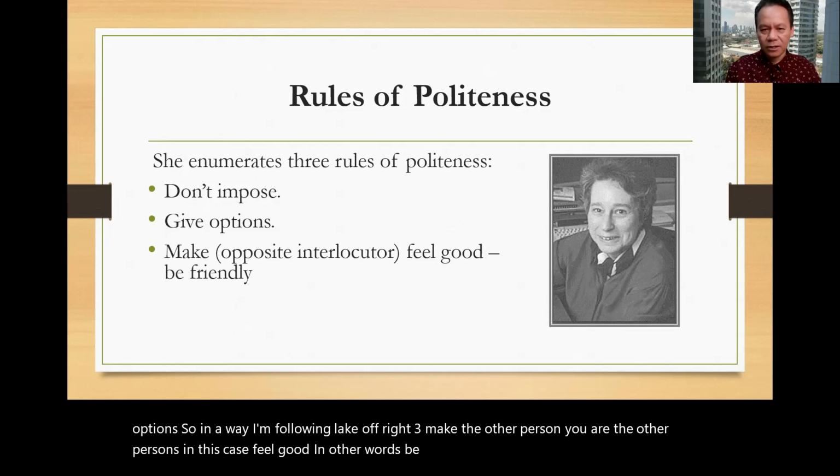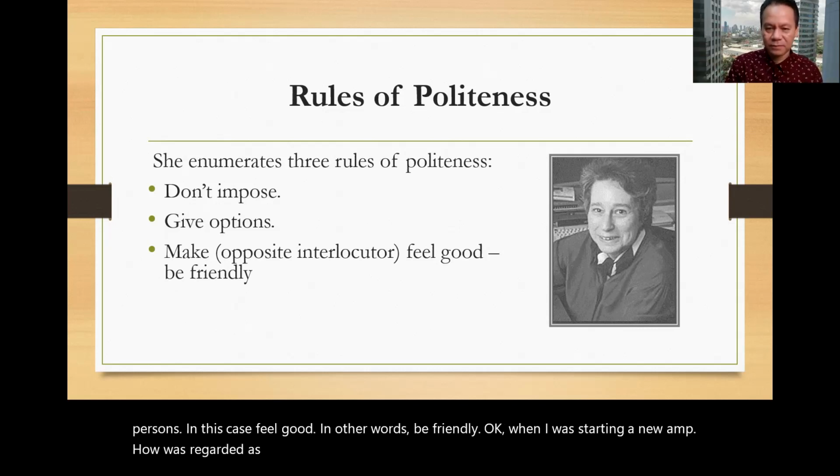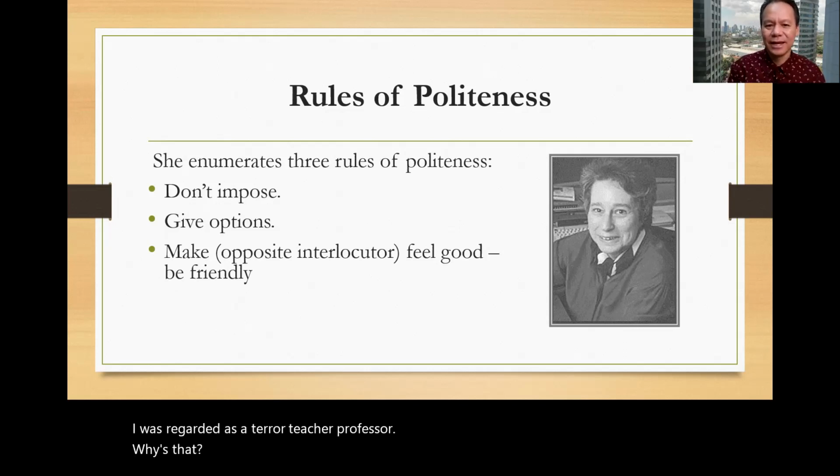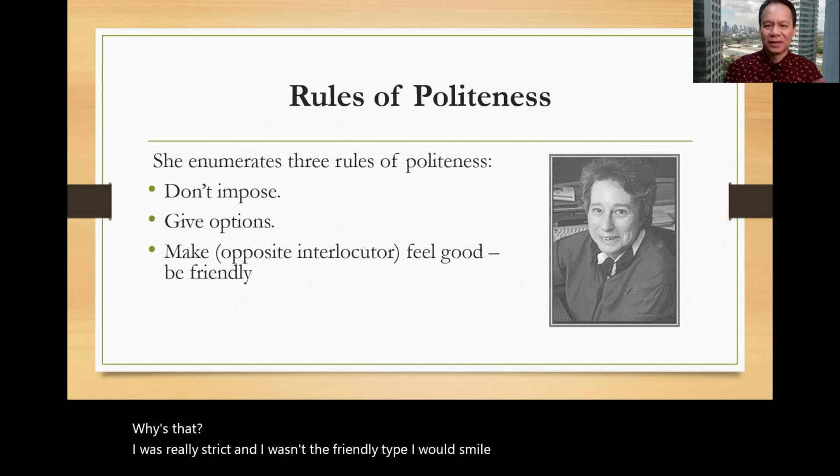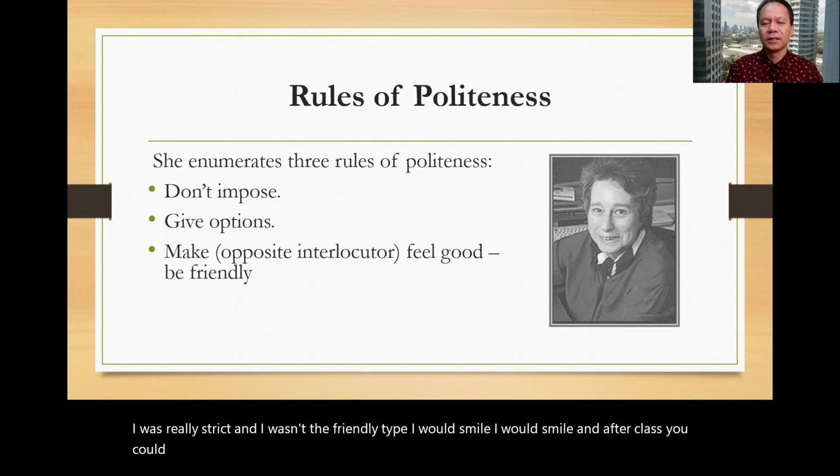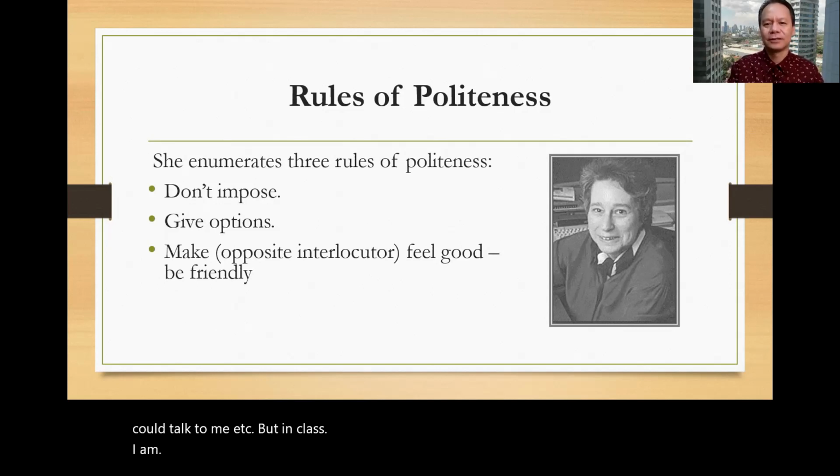Okay, when I was starting in UANP, I was regarded as a terror teacher, professor. Why is that? I was really strict. And I wasn't the friendly type. I would smile, I would smile. And after class, you could talk to me, etc. But in class, I am strict, okay?